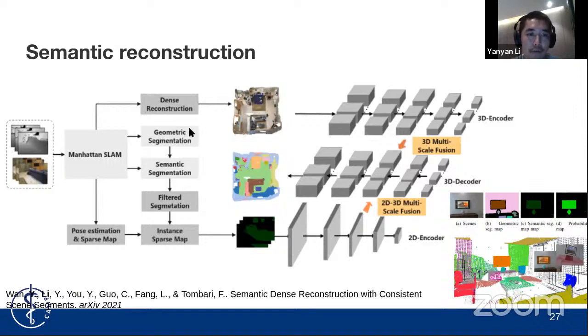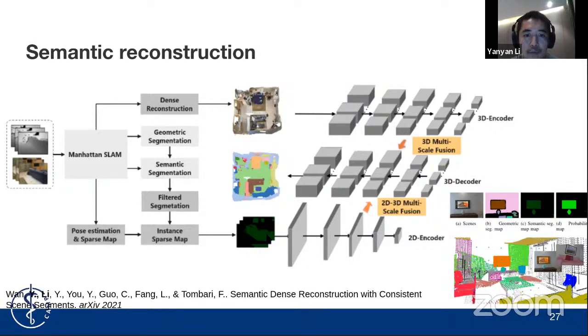So based on semantic networks, we can also merge them into our SLAM systems. After some filtering, you can see at the bottom, we can also build a semantic sparse map. You can see this is a TV and the rest you can also find. Based on that, we can generate a consistent object mask.